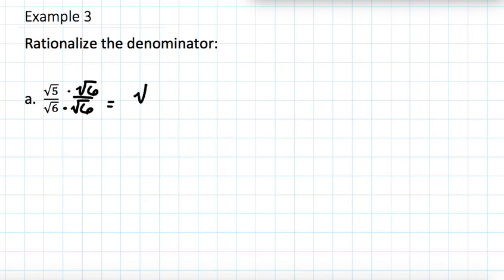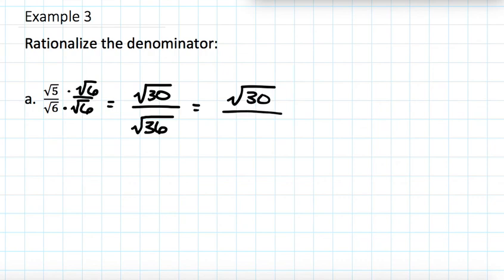Now, in the top, what that's going to give me is I'm going to multiply 5 times 6, which is 30, and put that under the square root, so square root of 30. In the denominator, I'm going to have square root of 6 times 6, which is square root of 36. Square root of 36 is a perfect square. It's 6. So I can just write 6 without the square root symbol, and I no longer have a root in the denominator.